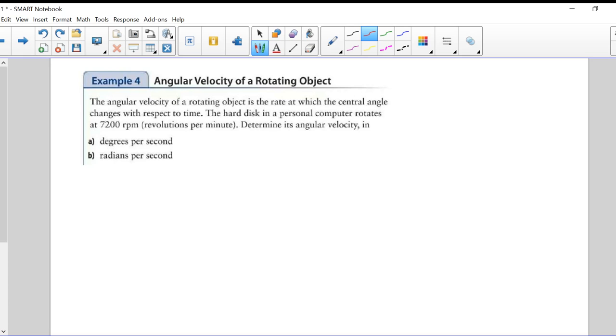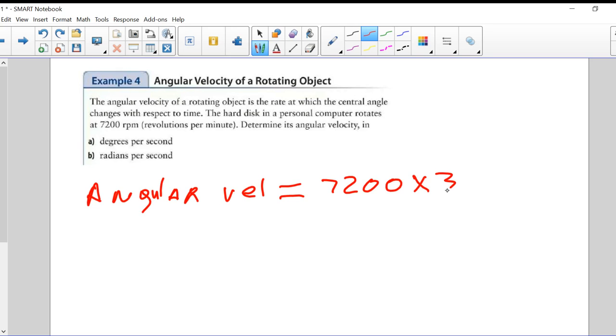So what we're asking is, what's the angular velocity in degrees per second? Remember, every time you turn, you go through 360 degrees. So if you're going to turn 7,200 times, then the angular velocity is going to be equal to 7,200 multiplied by 360, because that's the amount of degrees that one revolution would cover.